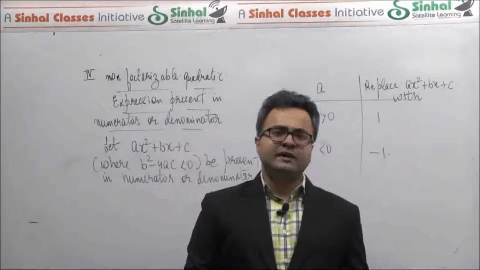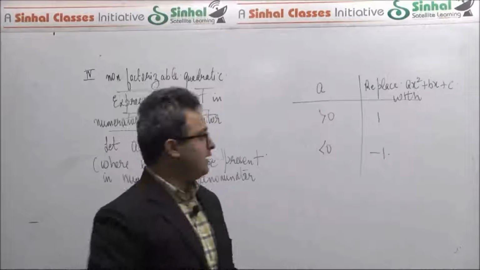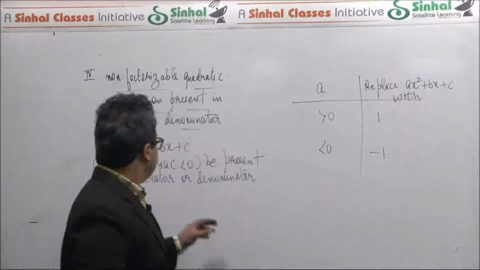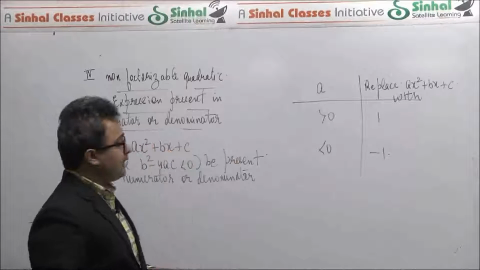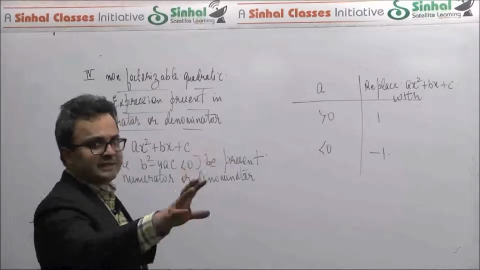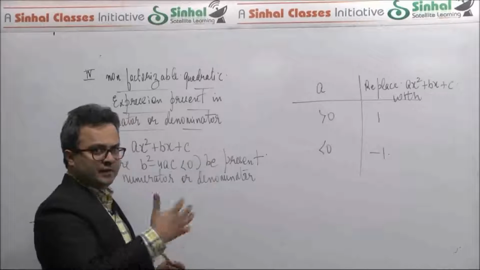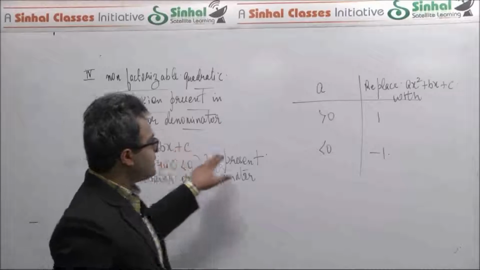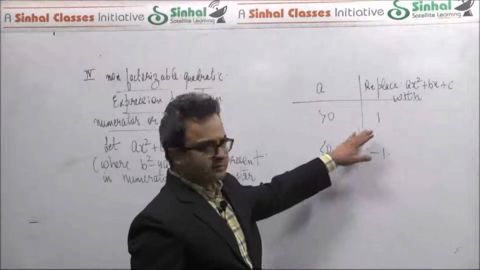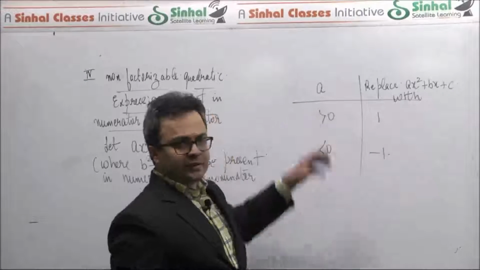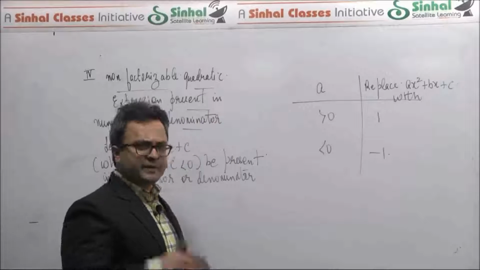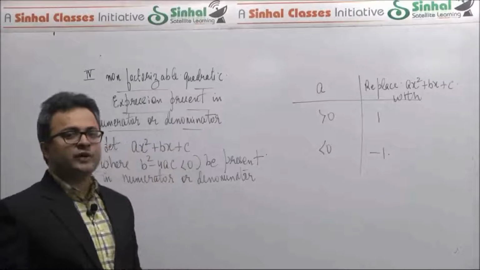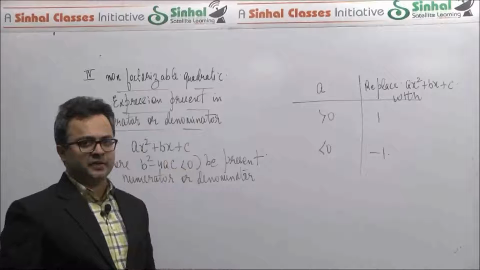And therefore, as far as such a term is concerned, when you have 0 on one side and on the other side you have your rational expression, if ax square plus bx plus c is present, what you can simply do is, if a is positive, you can replace that entire expression by +1, and if a is negative, you can replace the entire expression by -1, right?